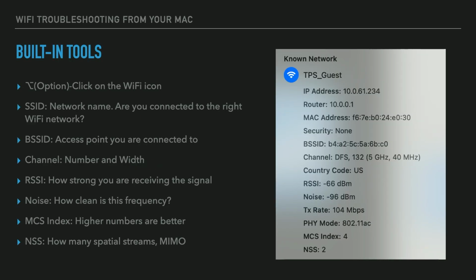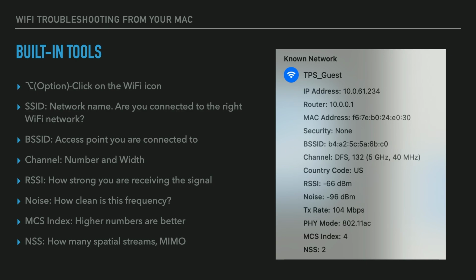So let's talk about tools. A lot of y'all already know about these built-in tools: the option click on your Wi-Fi icon. This is just an example from my room. Let's go over what we see here. If you hold down the option key and click on your Wi-Fi icon, you're going to see the network name, that's an SSID. Are you connected to the right network?